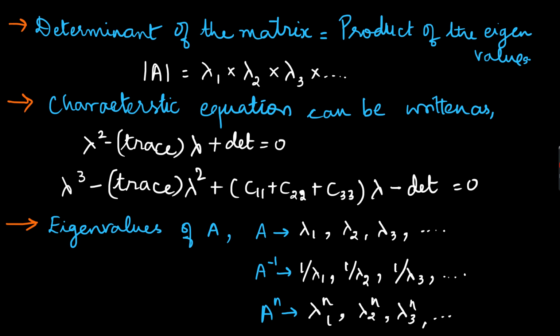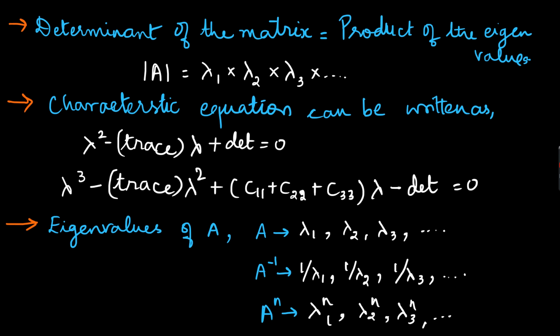Next property is that the determinant of the matrix is equal to the product of the eigenvalues. So if you have found the product of the eigenvalues, then that would be equal to the determinant. And next is the characteristic equation. We basically write the characteristic equation in a very long form, where we have to find a square term, then a cube term, whatever is required.